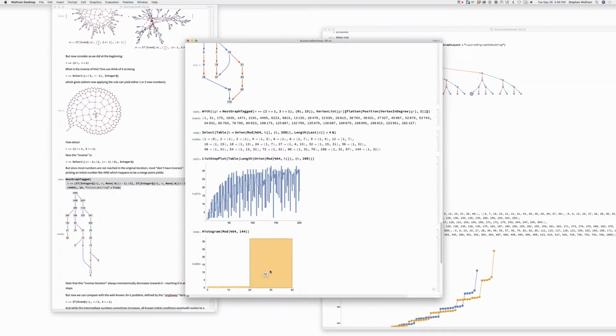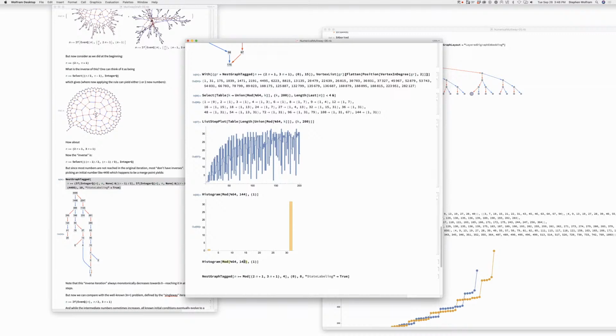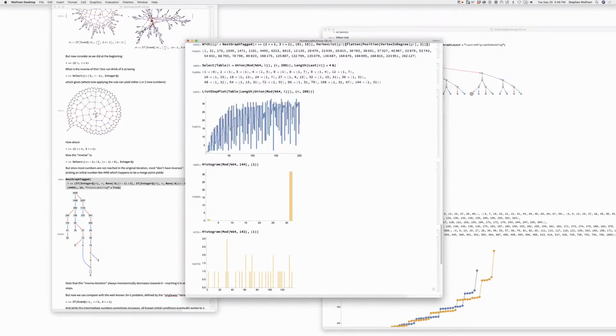Oh, there are only two values. See what I'm saying? For most values of k, like if I pick 142, for example, there'll be all kinds of different values. But for 144, there are only two possible values.